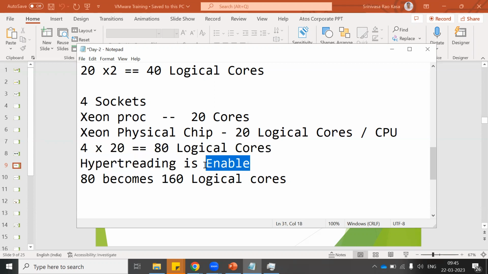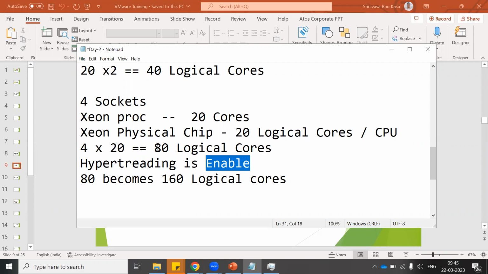If it is enabled, whatever processors are installed on the motherboard, it is 80 logical cores. But because of the compatibility of this motherboard capacity, the processor's capacity becomes double, and the motherboard and processor handshake with each other, and the output instead of 80 is going to be 160 logical cores.